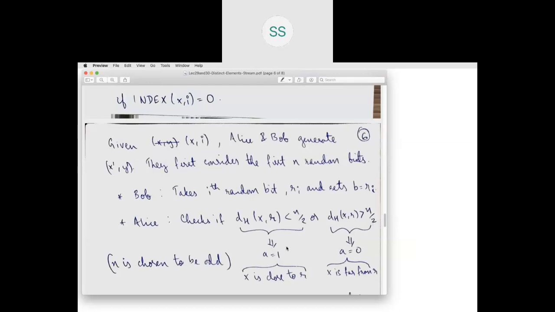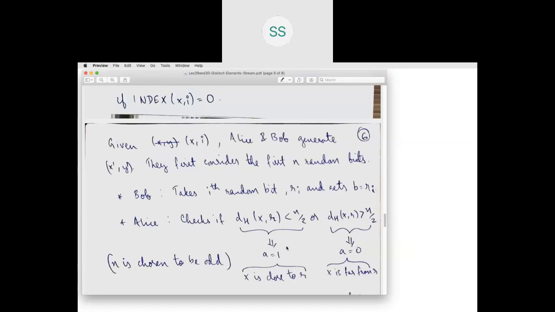The intuition here is that Alice is checking how close x and r are. If the Hamming distance between them is small, she is going to say 1, and if the Hamming distance is high, she is going to say 0. High means x and r are far away; low means x and r are close together.